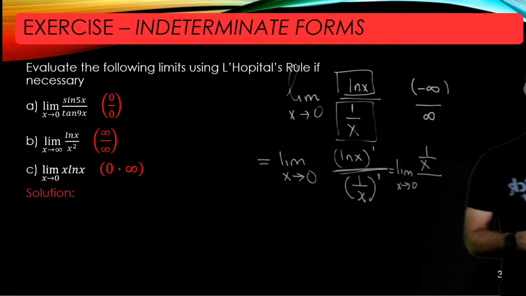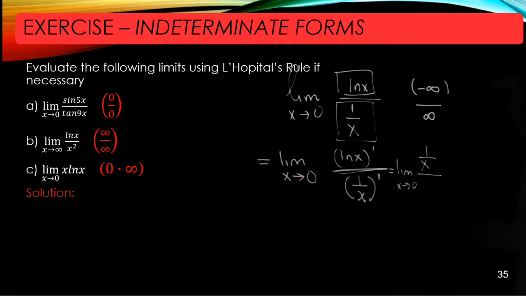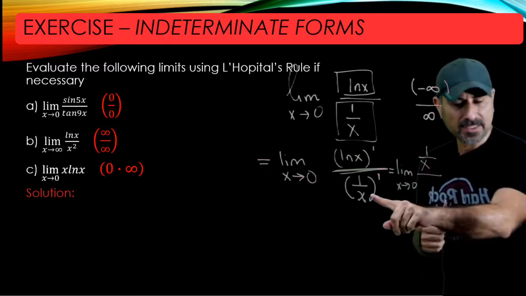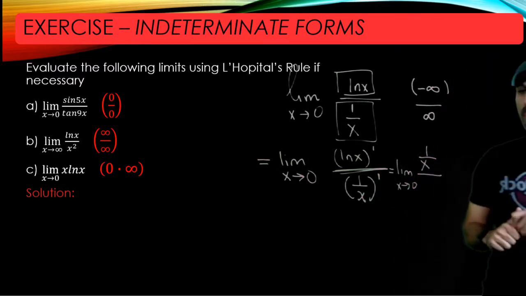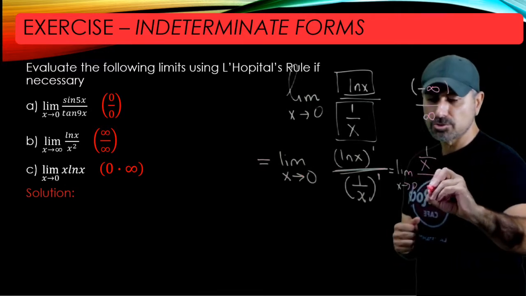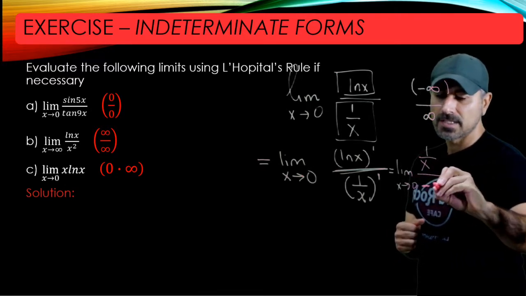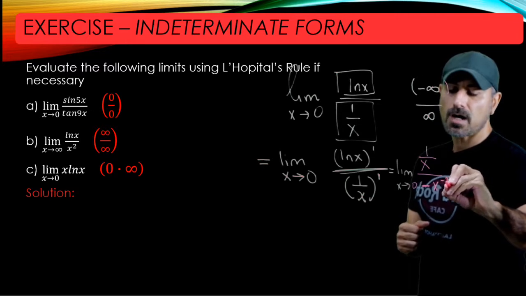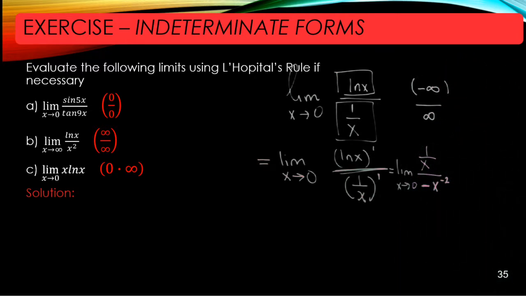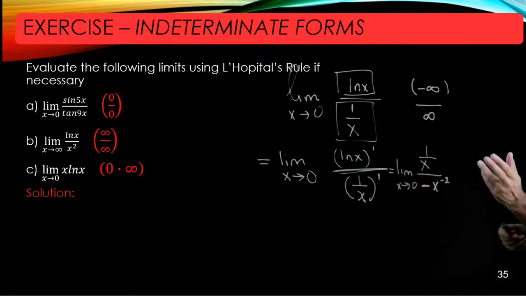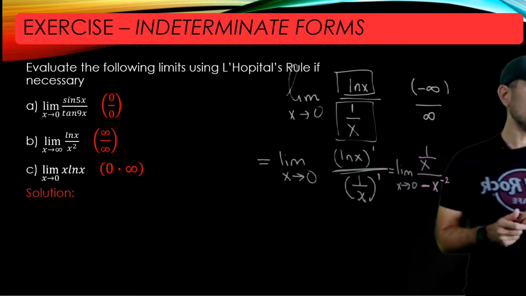That is divided by the derivative of 1 over x. But since 1 over x is x to the power of negative 1, we can use the power rule to conclude that the derivative of that is minus x to the power of negative 2. So we essentially use the power rule and put the power minus 1 down and subtract 1 from the power.